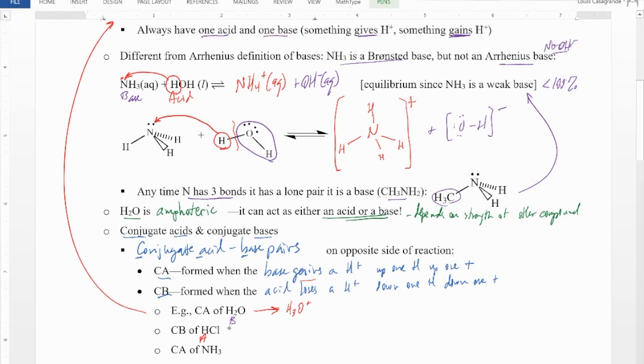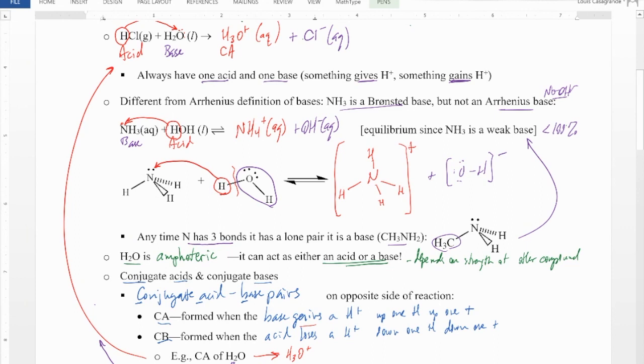And when that HCl loses a proton, so get rid of that proton, we're left with Cl minus, the chloride ion. And so that's the conjugate base of HCl. So again, let's join that line here, coming up to this reaction. Now we can label the Cl minus up above as the conjugate base.